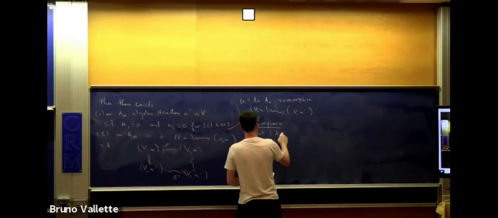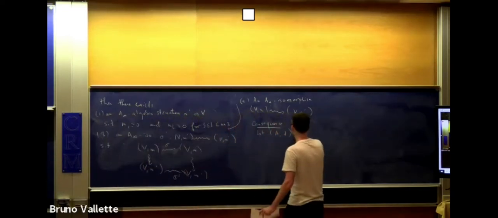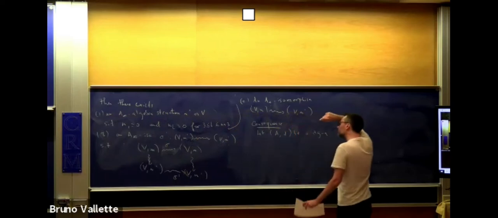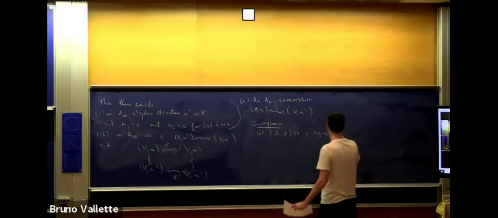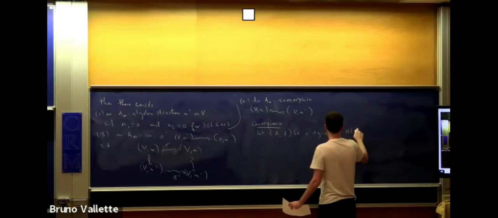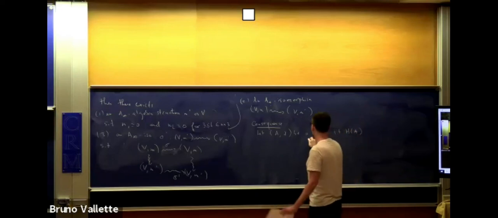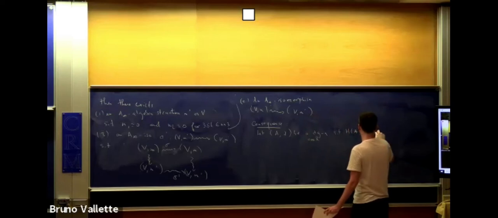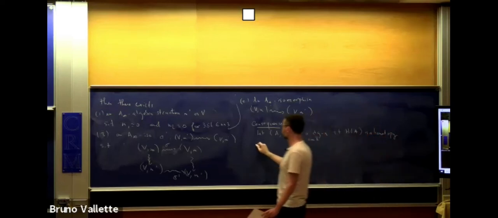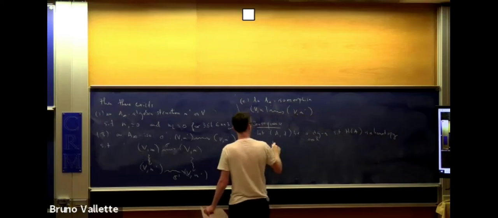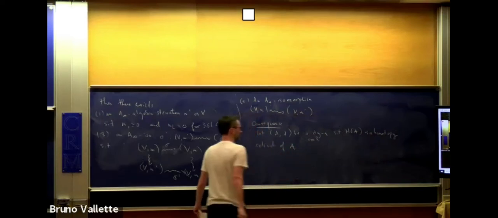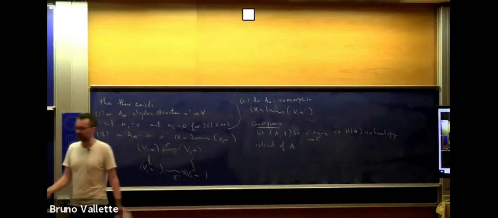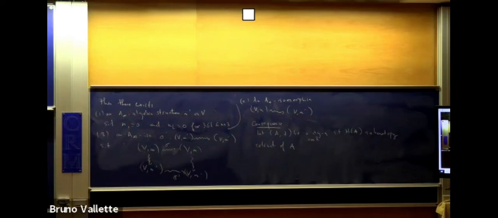Let A be a DGA over R, such that the homology of A is a homotopy retract of A. This is in order to be able to apply the homotopy transfer theorem.